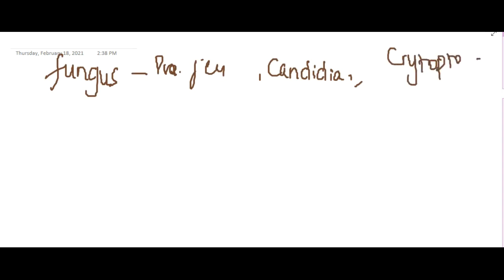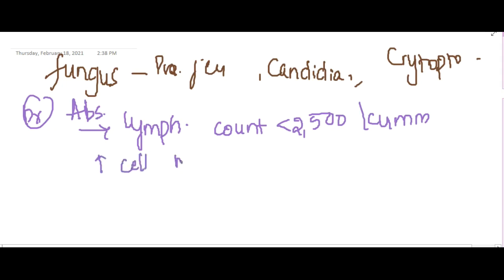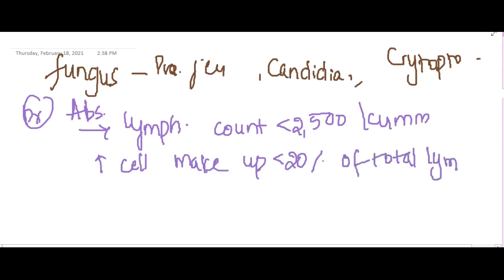So how are we going to diagnose this disease? We will have to suspect severe combined immunodeficiency if the absolute lymphocyte count is found to be less than 2500 per cubic millimeter. If T cell makeup is also less than 20% of total lymphocytes, even then we should suspect it.